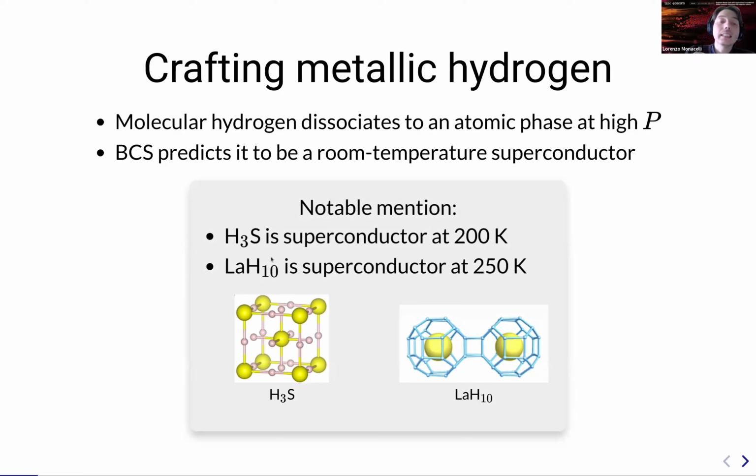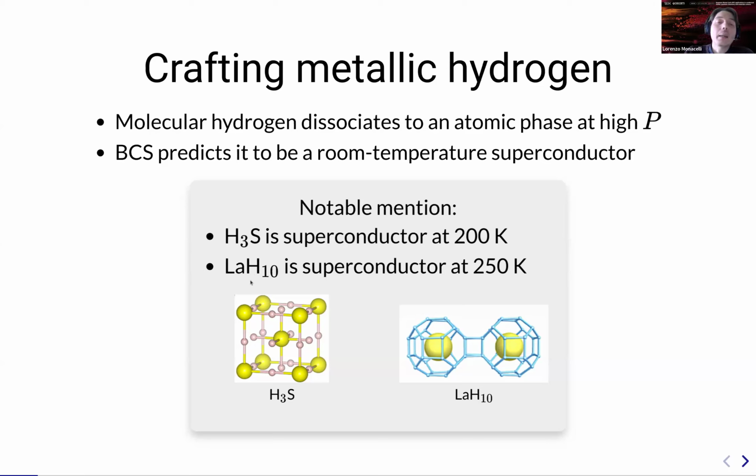A few years later, another hydride beat the record for the highest superconducting critical temperature, which is lanthanum H10, discovered to be a superconductor at 250 Kelvin, which is very close to room temperature. So we are actually getting there with the temperature, indeed at extremely high pressure.